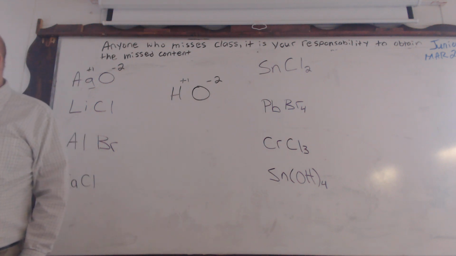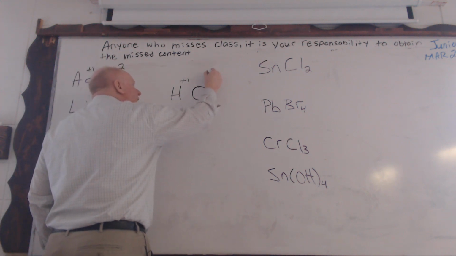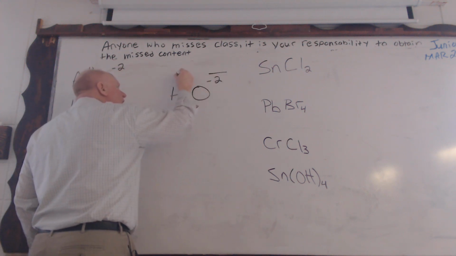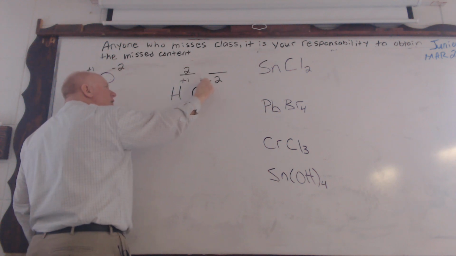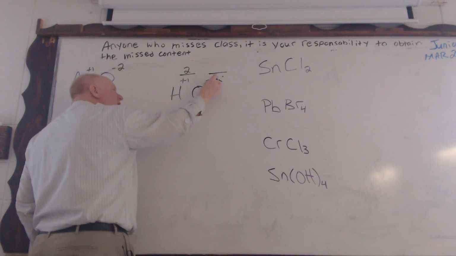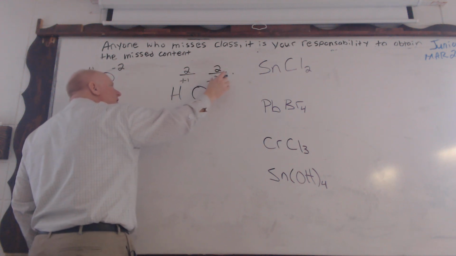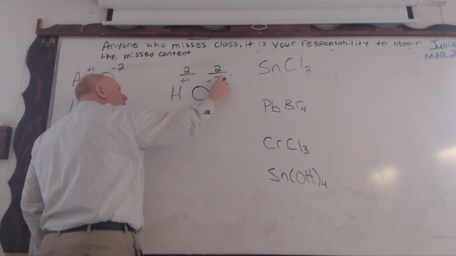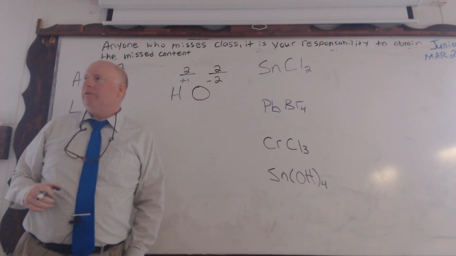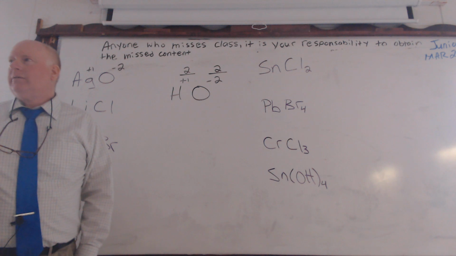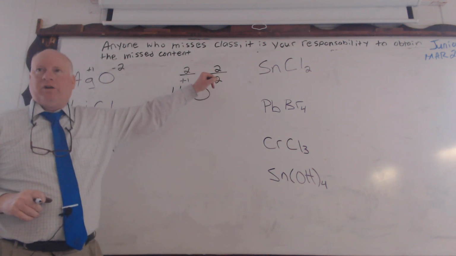The least common multiple then is 2, and that goes on top in the numerator, okay? And this is not a value, it's just saying this has a negative charge, okay? So what that means then is what happens when you divide these two numbers? When you divide them, not subtract. Okay? When you divide 2 by 2, what do we get?